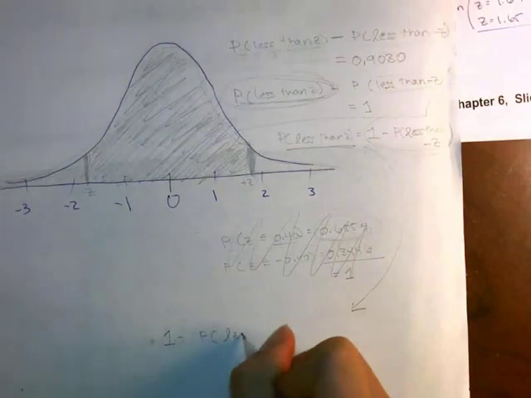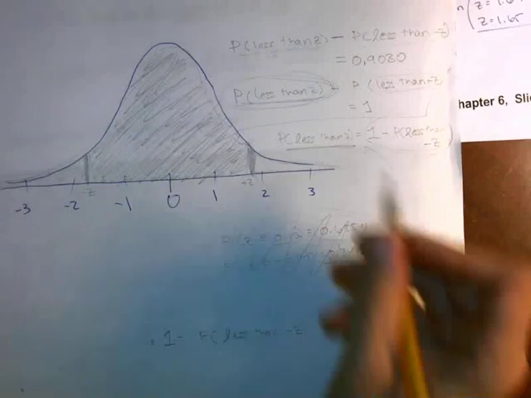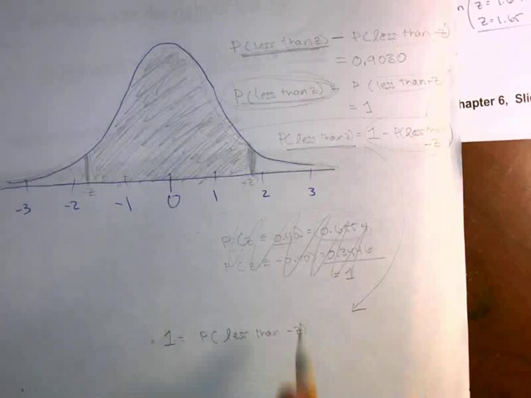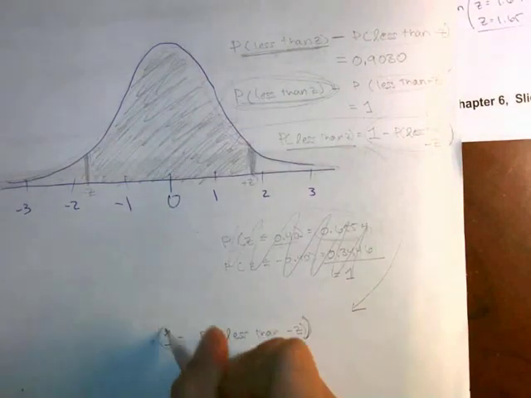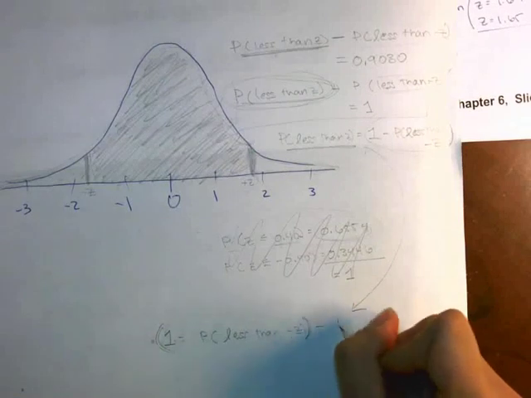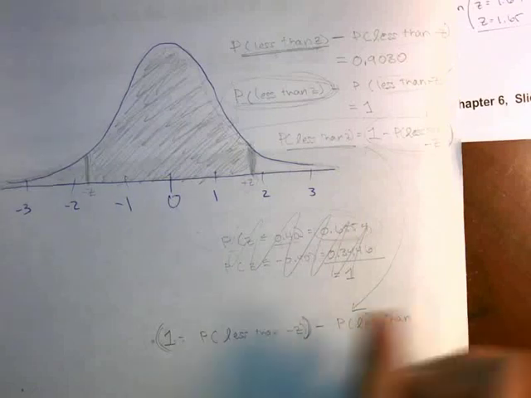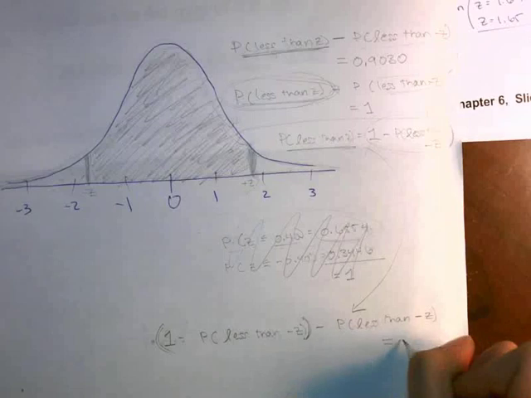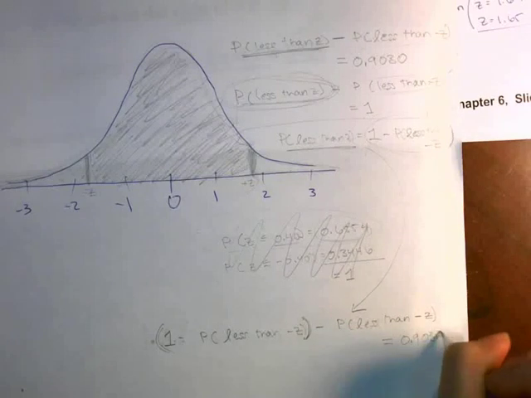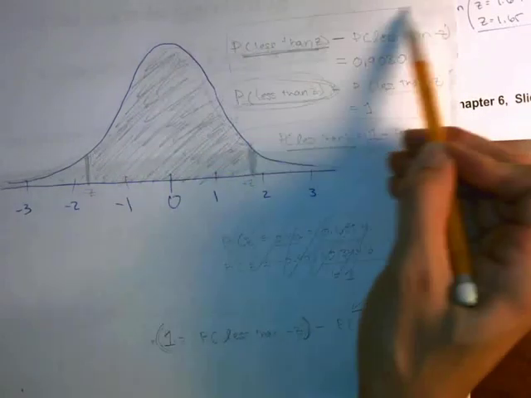So I'm going to say that 1 minus probability less than negative z, that was that. So probability of less than z is this equation right here, minus the probability of less than negative z. That whole thing equals 0.9030.